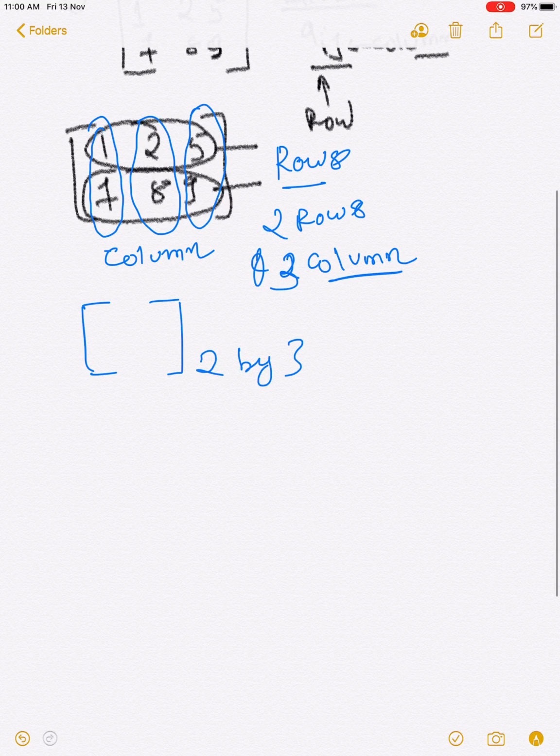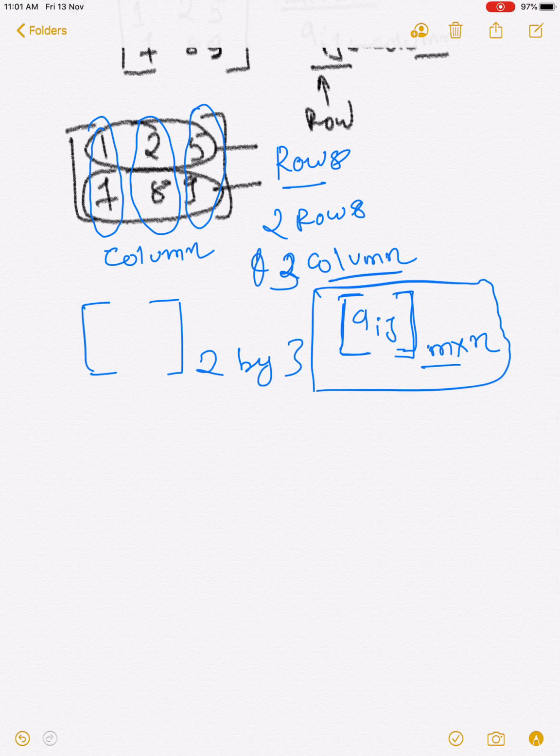If you denote a matrix, the simple way of denoting it is aij with m cross n. This is the denotation of a matrix.